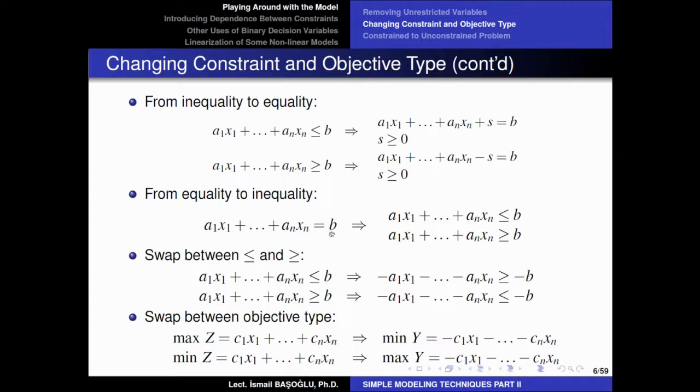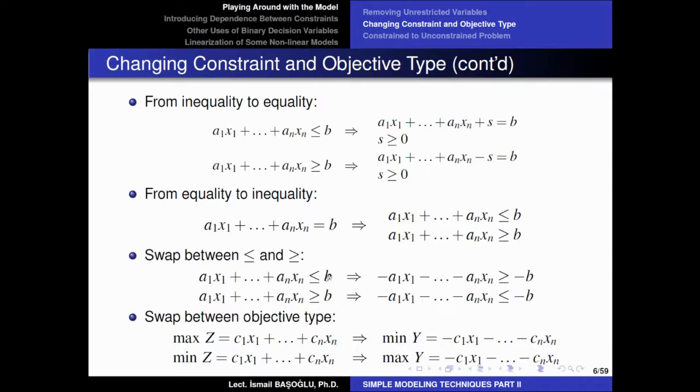Indicating that the left-hand side is exactly equal to the right-hand side means the total activity on the left-hand side is supposed to be both less than or equal to and greater than or equal to the activity level B. Because in the intersection of these two inequality constraints, the only feasible situation is where the total activity level is exactly equal to B. So you remove the equality constraint by introducing the same left-hand side and right-hand side in two inequalities, the first a less than or equal to inequality, and the other a greater than or equal to constraint.